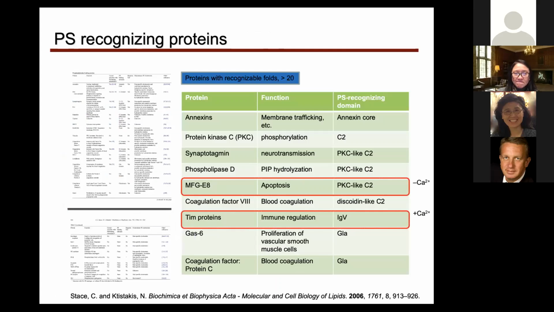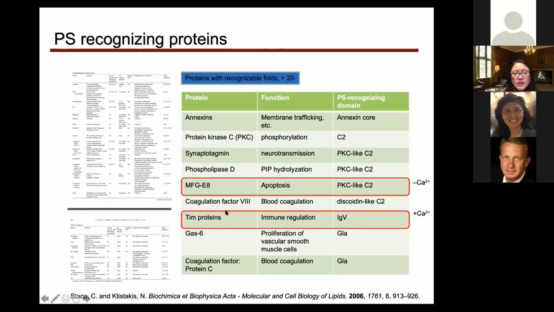And what we have been interested in is the PS recognition process, and in particular how PS recognition can be a way to signal downstream events in the case of apoptosis, which is leading to the death of the cell. What we need to do is to really remove those cells.